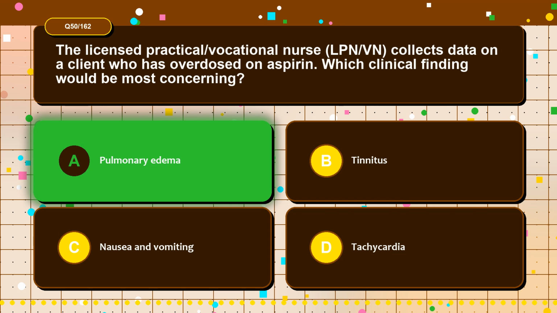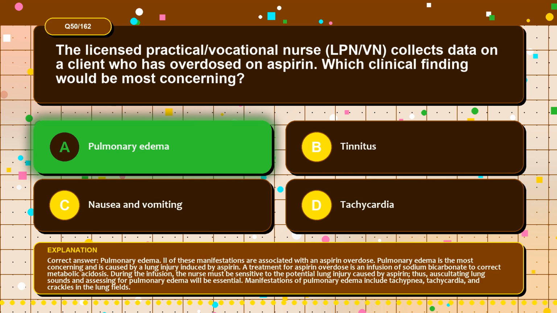The correct answer is option A, pulmonary edema. Correct answer. All of these manifestations are associated with an aspirin overdose. Pulmonary edema is the most concerning and is caused by a lung injury induced by aspirin.